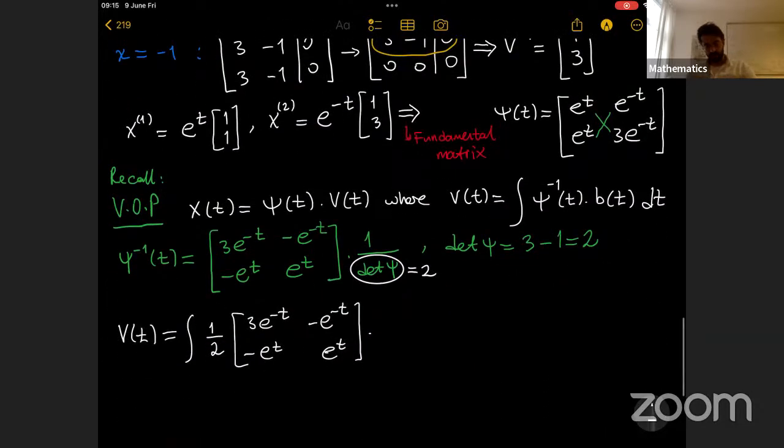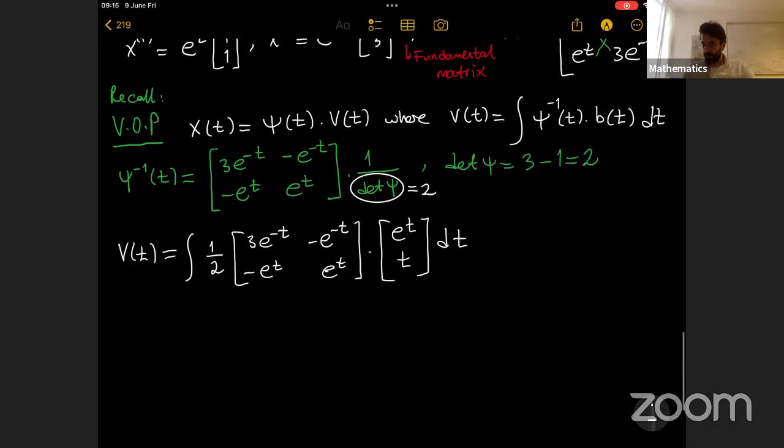So let's put this e to the t and t here, dt. All right, so let's now compute this integral. First, we multiply these two matrices.